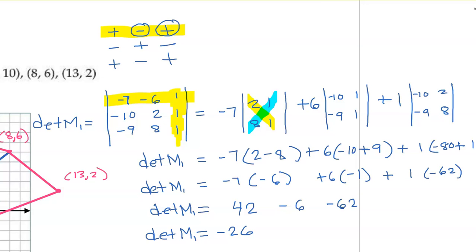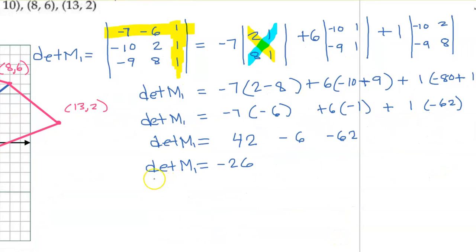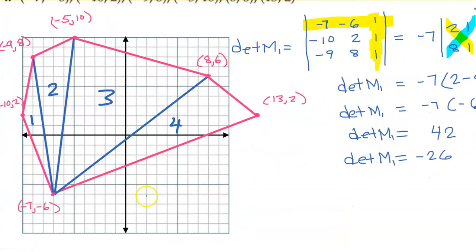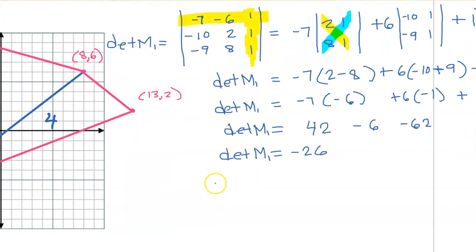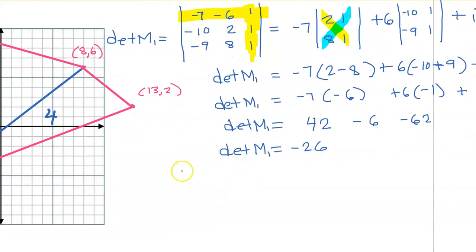Now I went ahead and wrote down determinant of matrix 1, since that's what we've been doing this whole time, is calculating the determinant. So now there's one extra step to find the area of triangle 1. Now that we have the determinant, the area, so I will just call it area 1, is going to be 1/2 of this.